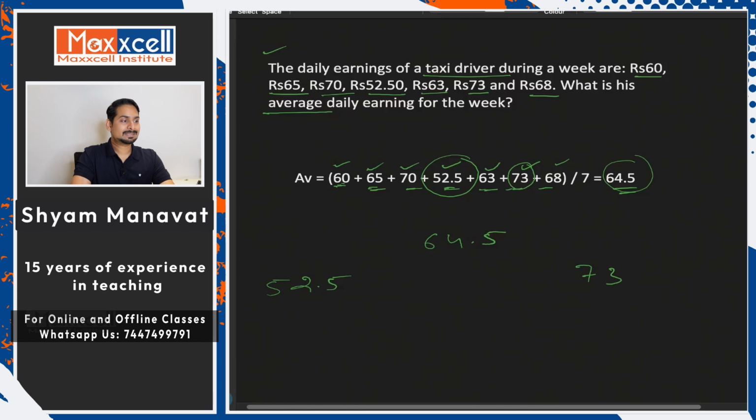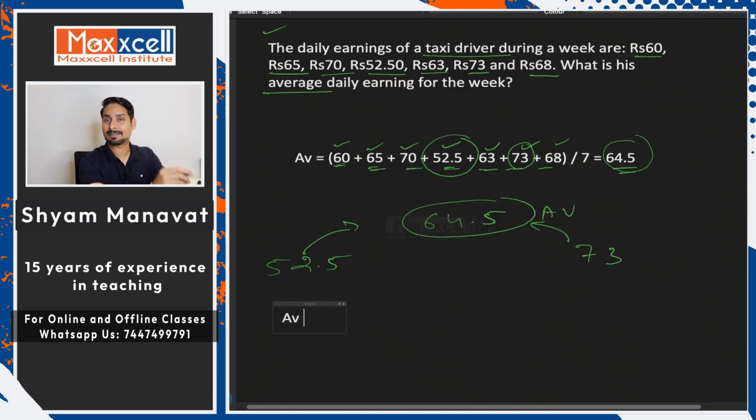Now you can see this 64.5, which is the average, is always more than the smaller value and less than the greater value in the group. You can make this as a note. I am going to use this small tip to eliminate options or apply the shortcut in future.